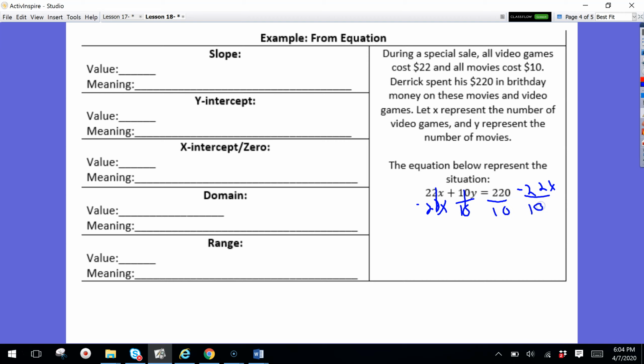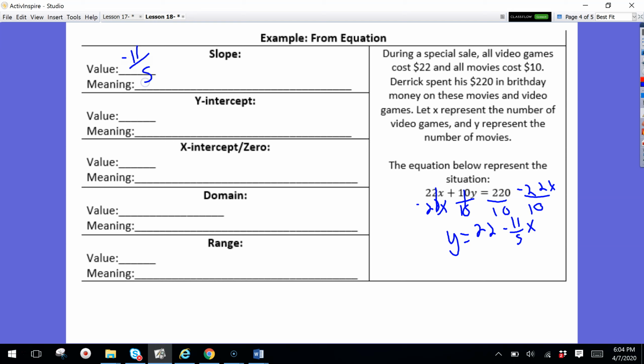And so my equation in slope-intercept form, that tells me how many movies you get per how many video games you buy, is y equals 22 minus, so we can simplify this, right, because 2 goes into both of these numbers, 11 over 5 x. So my slope is negative 11 over 5.